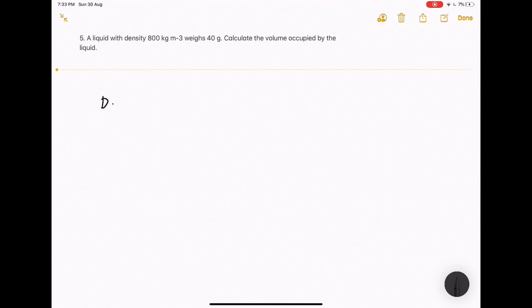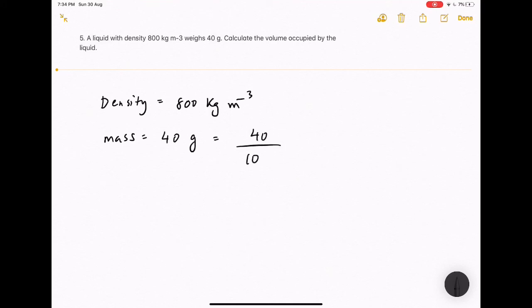So density is given as 800 kilogram per meter cube. The mass is given as 40 gram, and this is equal to 40 by 1000 kilograms.